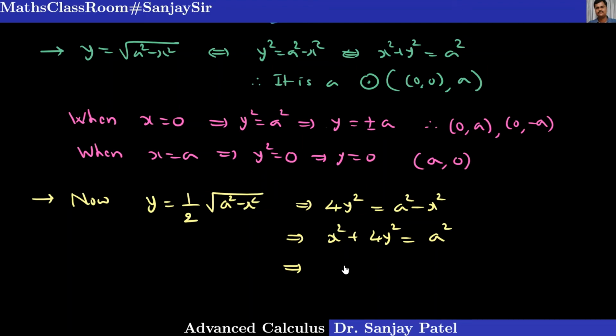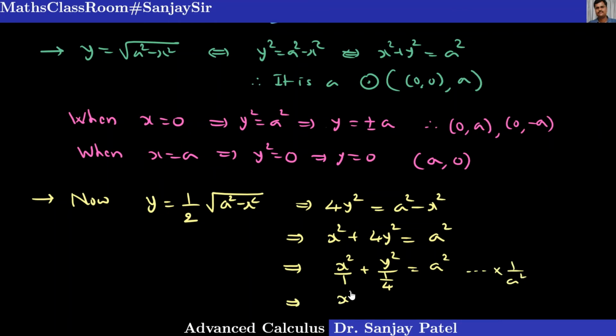Let us write this as x square upon 1 plus y square upon 1 by 4 is equal to a square. And then let me multiply both the sides by 1 upon a square.